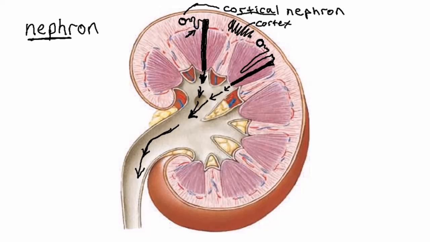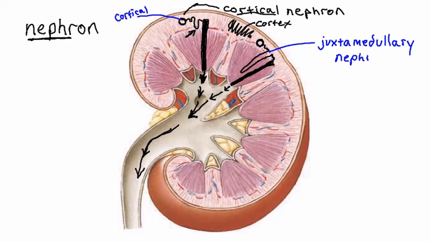So the two types that we just went over, this is the cortical nephron, and this one, since it dips down into the medulla region, this is called the juxtamedullary nephron.